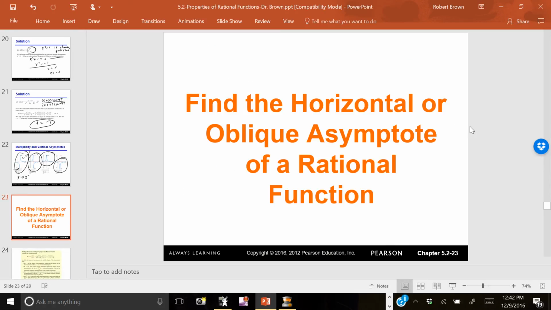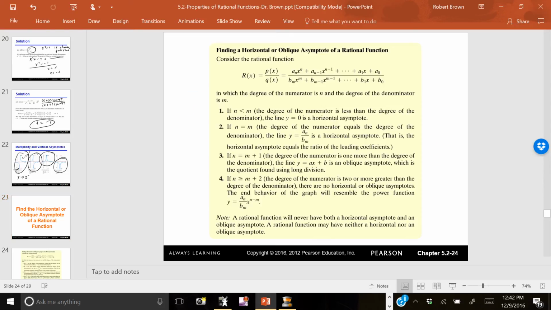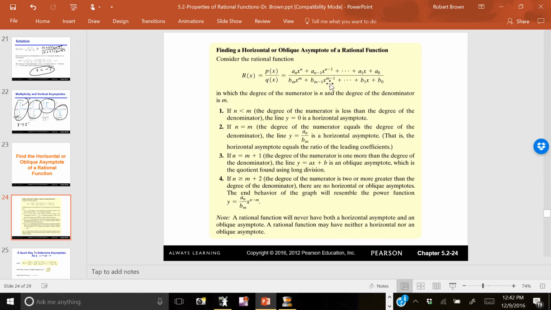So now let's find the horizontal or oblique asymptote of a rational function. I'm going to go through this and then maybe even show you a faster way.